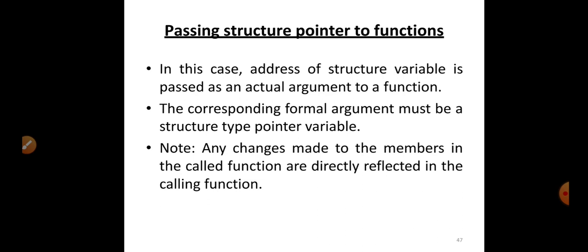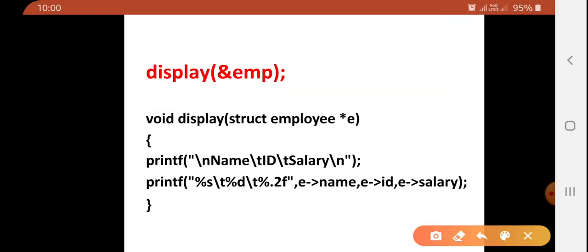I will provide a link in the description where you can read about structure and pointer, but I am going to give a brief introduction. Here we are passing the address of the employee structure, and in order to store the address of emp, we have to take *e. That is, e can now store the address of emp, not the value. So e is actually pointing to emp.